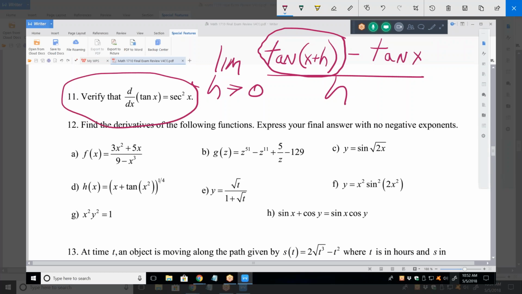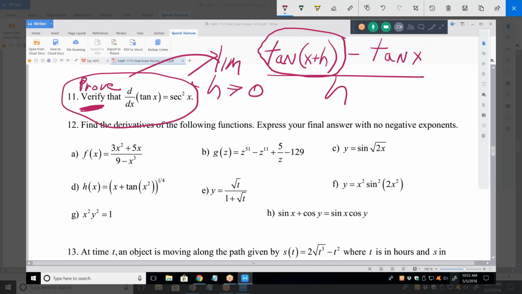It's far easier to prove just by taking the derivative of sine over cosine using the quotient rule, but I'm not sure if that's what she's looking for here. I'm not sure that counts. That actually, the fact that she used the word verify, yes, definitely the way I did it. If she'd have used the word prove, then I would say you'd have to do it this way.